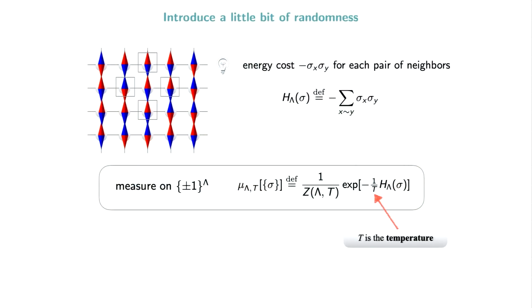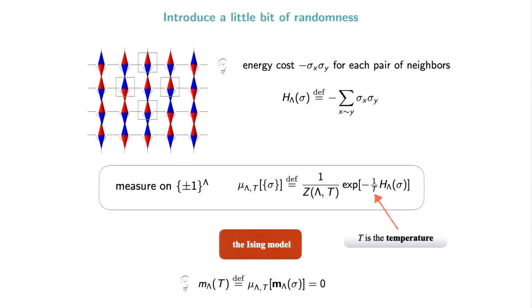Okay, when you do that, there is one thing that you can measure now. It's the average magnetization. I average the magnetization against my measure. And here the problem is that it's pretty clear what you get. You always get 0, whatever the temperature. And this is extremely simple to see. It's just that a magnet and its full reverse get exactly the same energy, hence the same probability, but opposite magnetization.